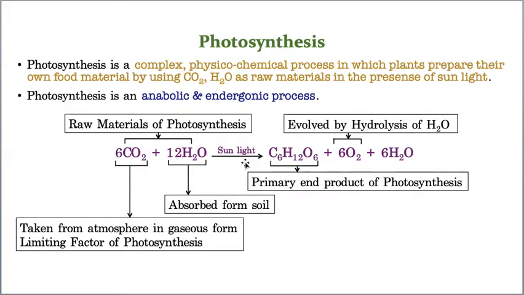Point number 1. Point number 2 is photosynthesis can be described as an anabolic process, because in this two small molecules react with each other and produce one large molecule, that's why it is called an anabolic process.